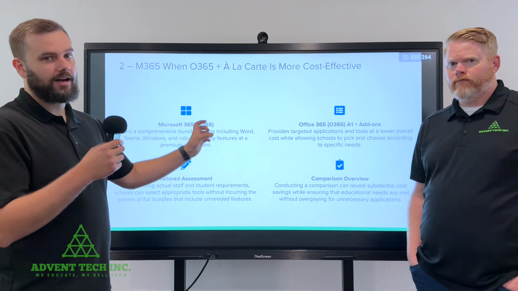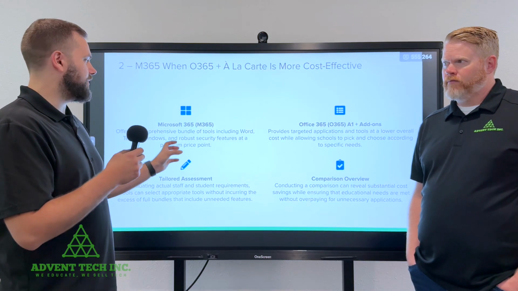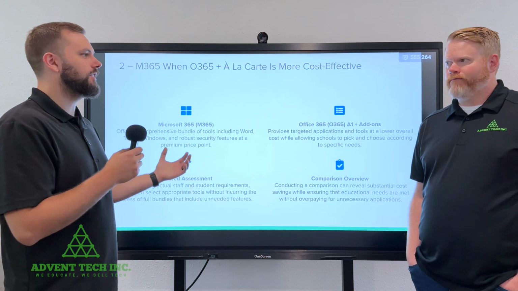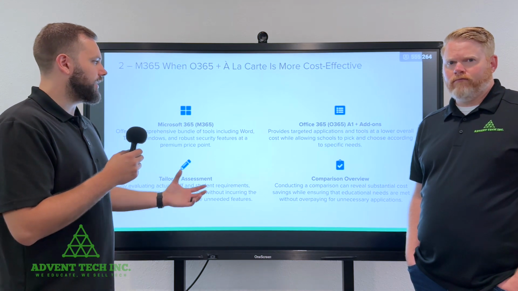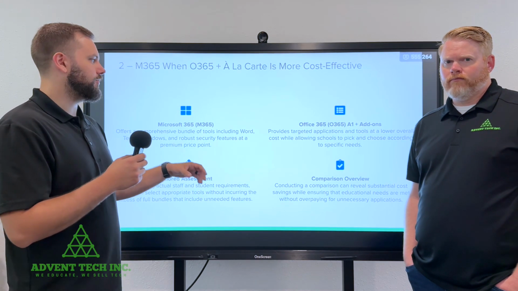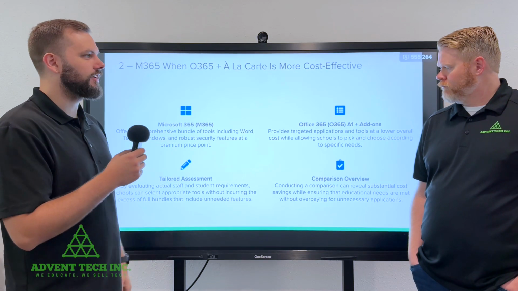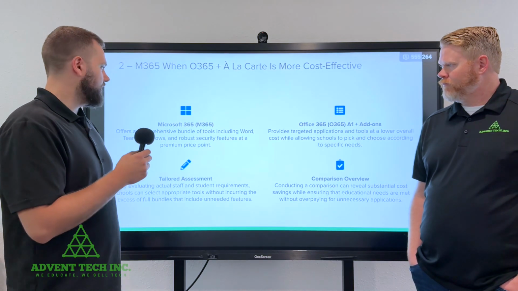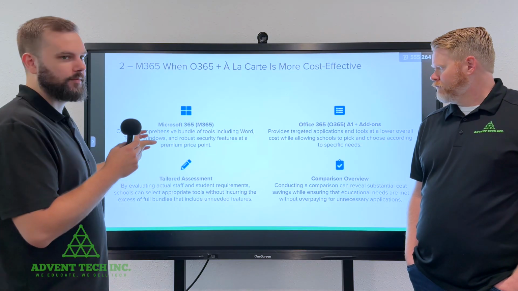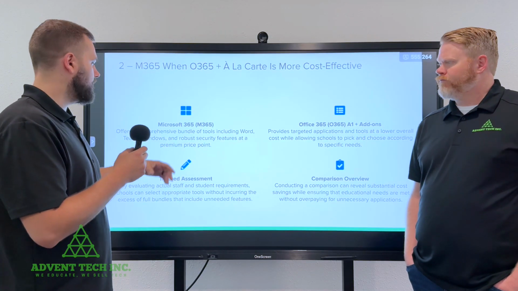So if you're getting like Office 365 A1, sometimes it's cheaper than M365, especially if you're a Chromebook school. You don't need the management console, the operating system. Adding those add-ons, downloadable apps, whatever it is you want, maybe some of the security features, maybe Entra ID, that can sometimes be more cost effective than just getting M365 as the whole bundle and whole toolkit.